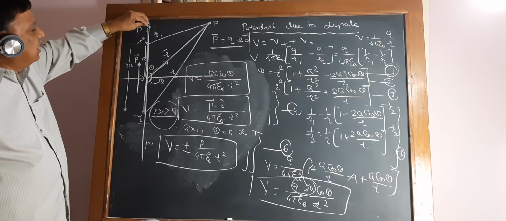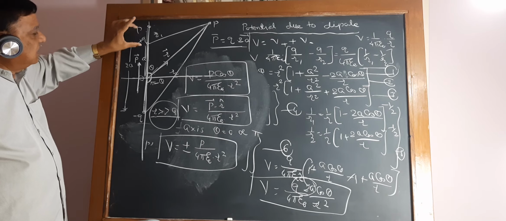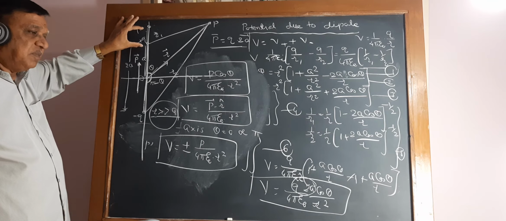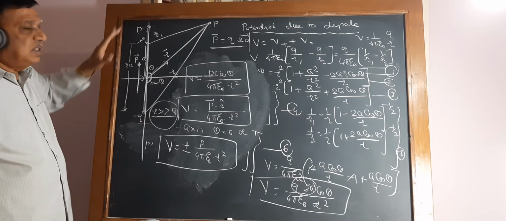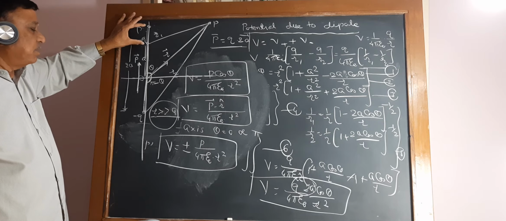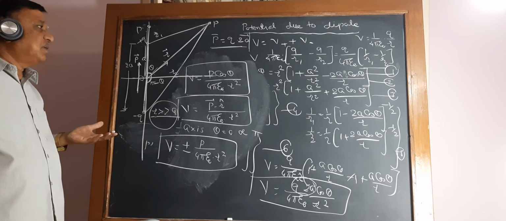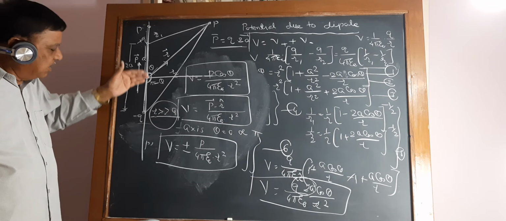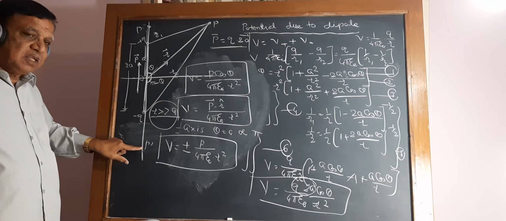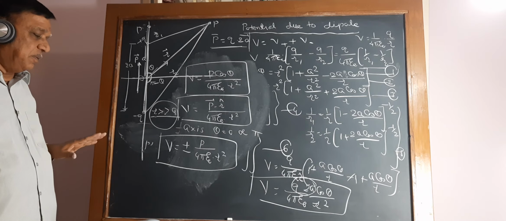Suppose the point is lying very close to the positive charge, then it is near the positive charge and far away from the negative charge. So the positive potential is somewhat more compared to the negative, so the algebraic sum gives positive. If lying on the negative side, away from the positive and closer to the negative, the negative will be more, so the value will be negative.